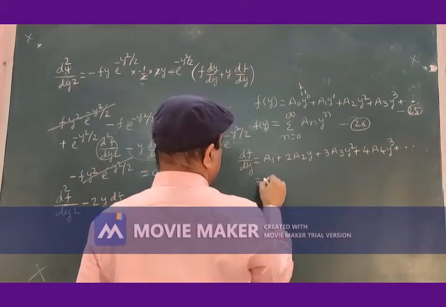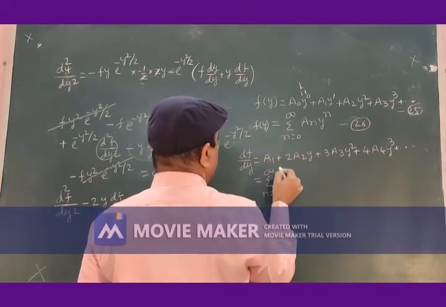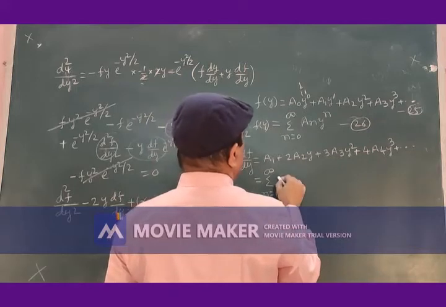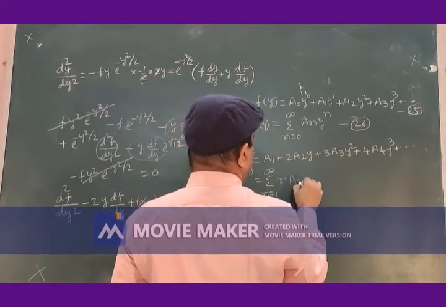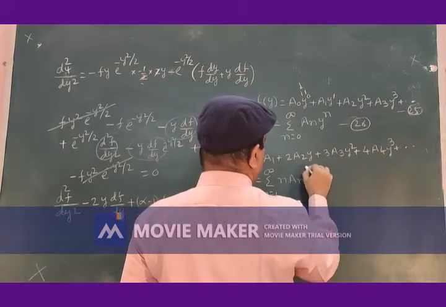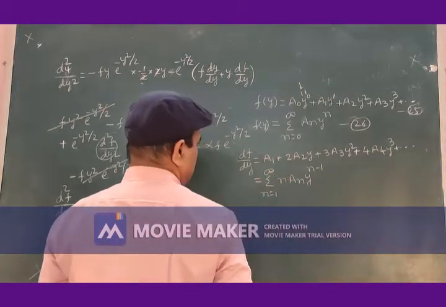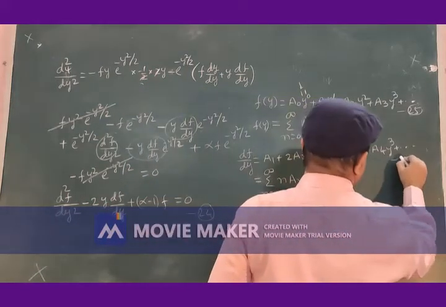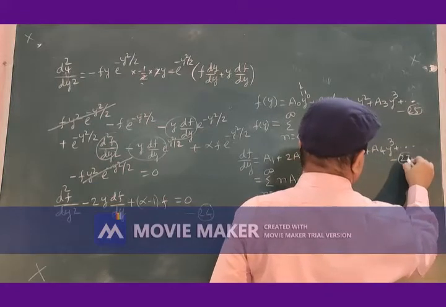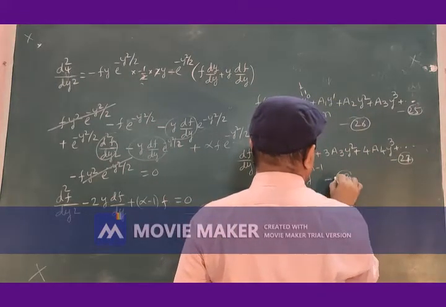And this is nothing but the summation of n is equal to 1 to infinity n a n y to the power n minus 1. Let this be 27, and this is 28.